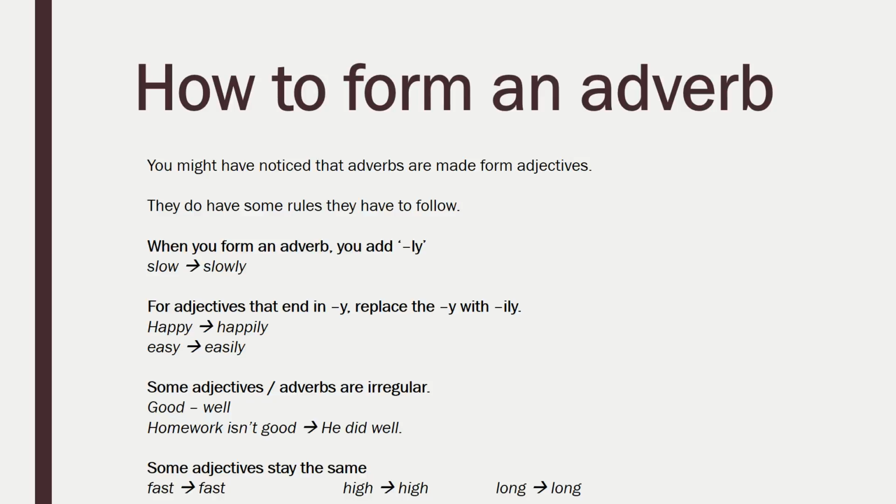And then you've got well, which is the adverb. He did well. Well says something about did. And then the last one, some adjectives just stay the same. This is the easiest one, but you can only use it with the ones that do stay the same. So you should also study these. But for example, fast stays fast, high stays high, and long stays long.